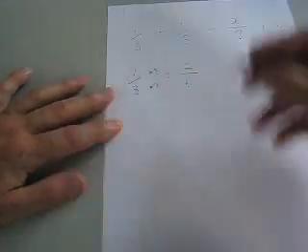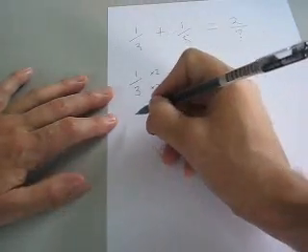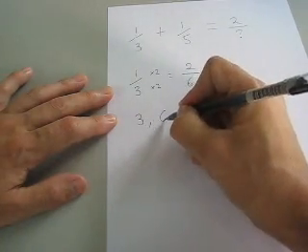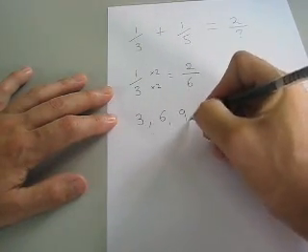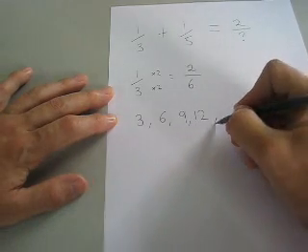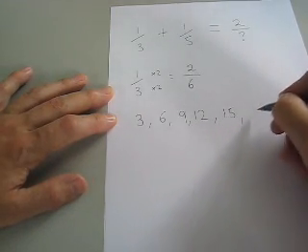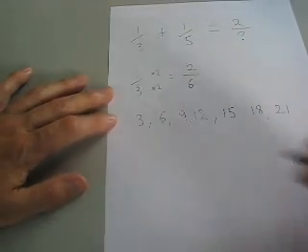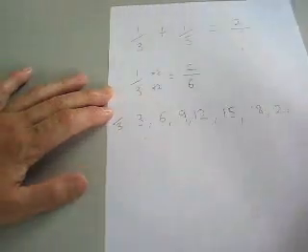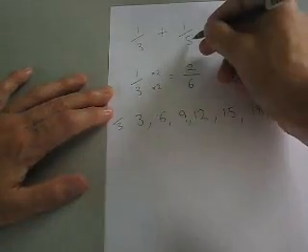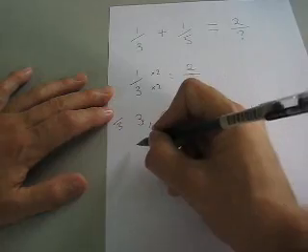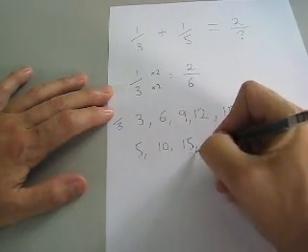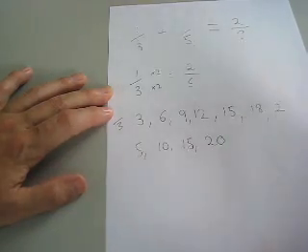Let's start with the thirds. Let's count in 3s. If I count in 3s, I can go 3, 6, 9, 12, 15, 18, 21. So this is my thirds. What about my fifths? Let's count in 5s. 5, 10, 15, 20.